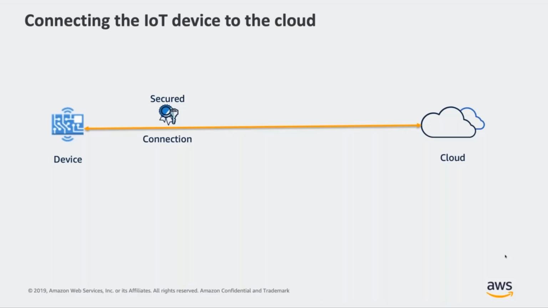To give you an example, a vibration sensor is sending data to a service in the cloud, which is going to analyze the vibration data and notify when there is an anomaly being detected so that you can take appropriate action.